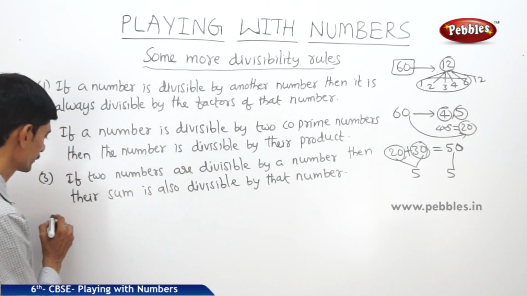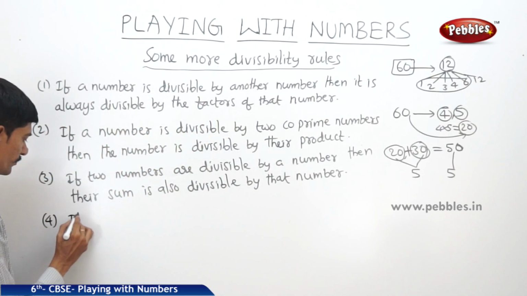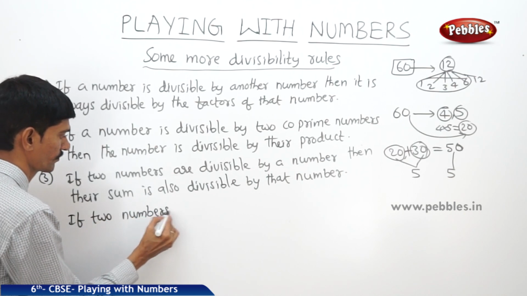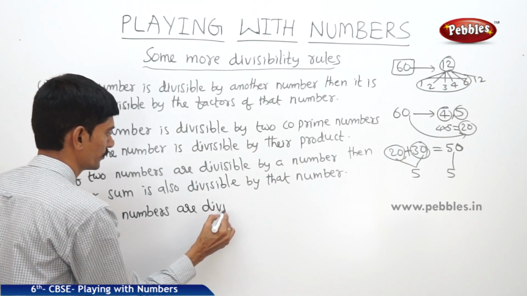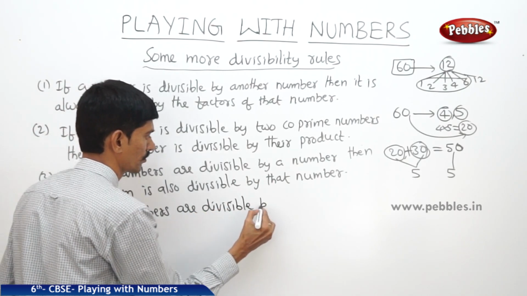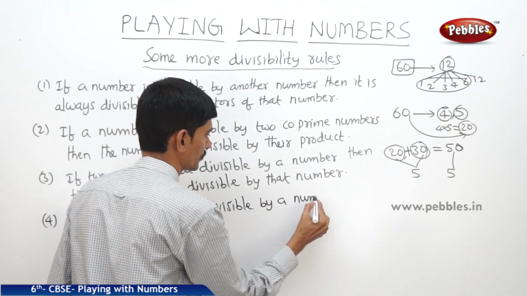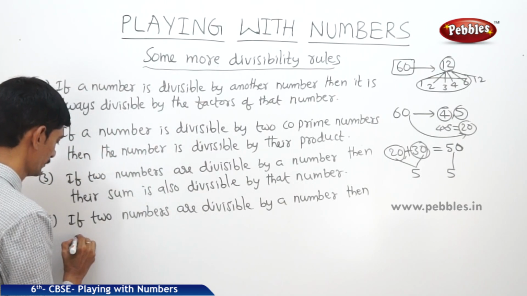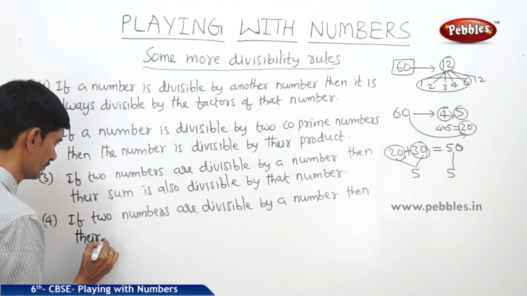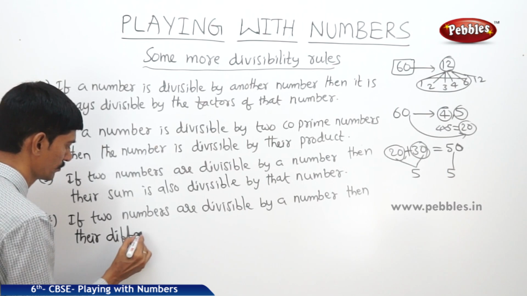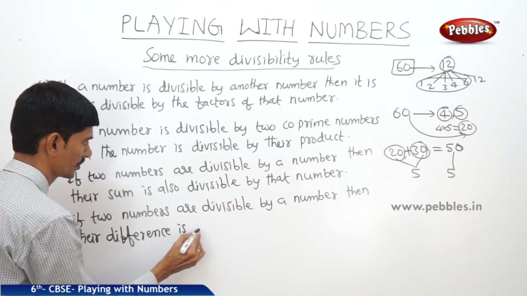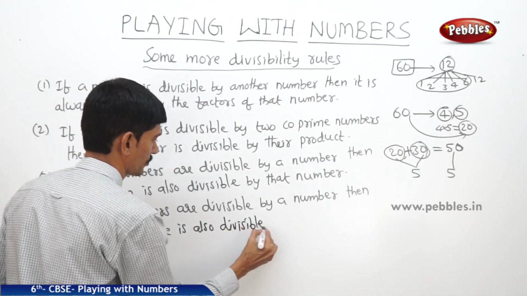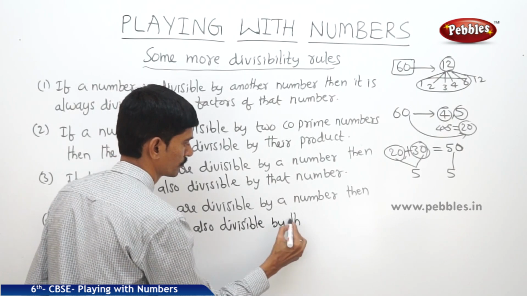Now the next one is, if two numbers are divisible by a number, then their difference is also divisible by that number.